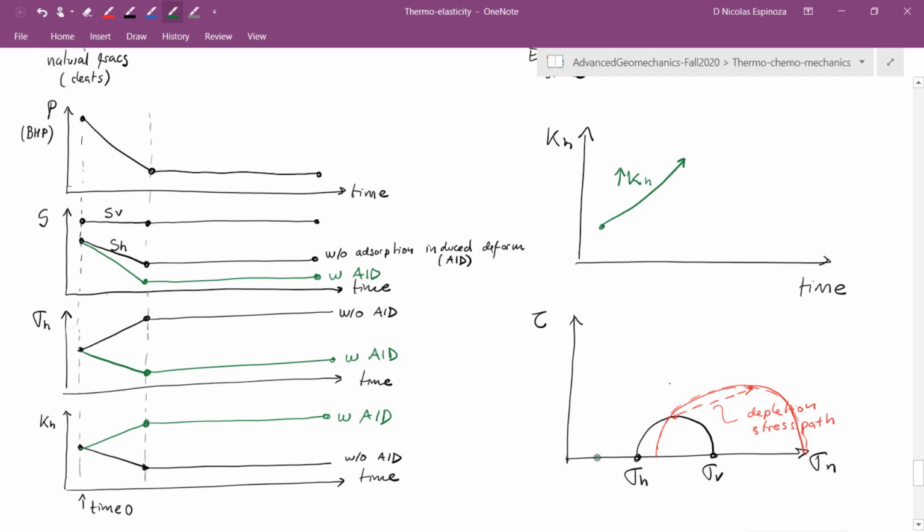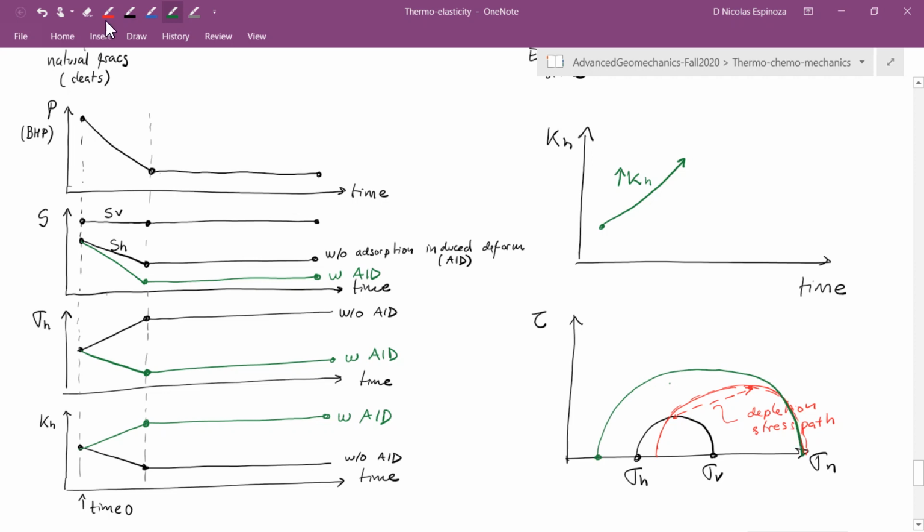So my new effective horizontal stress with the shrinkage of the matrix is going to be here. And the effective vertical stress is going to be somewhere over there. So my new Mohr circle now is going to be here.